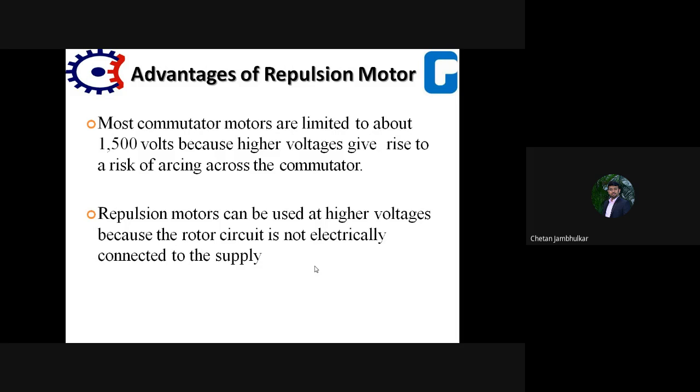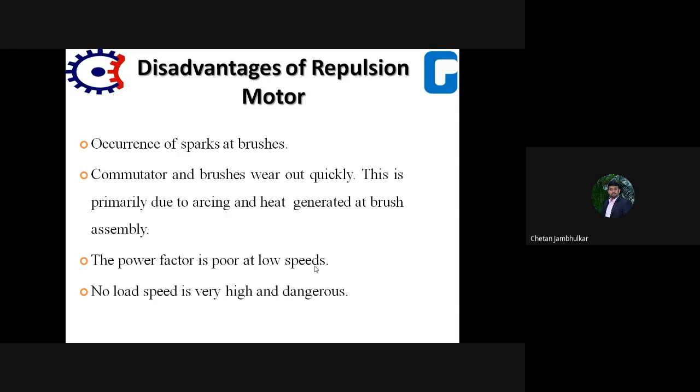The repulsion motor can be used at higher voltages because the rotor short circuit is not electrically connected to the supply. Means we are not connected directly to the supply, but we are connected through the rotor supply. So these are the advantages of the repulsion motor.